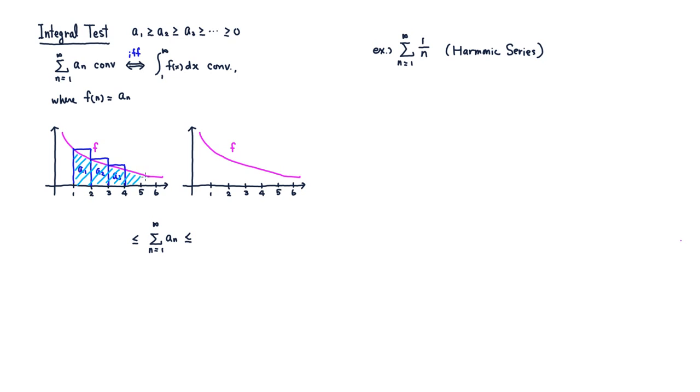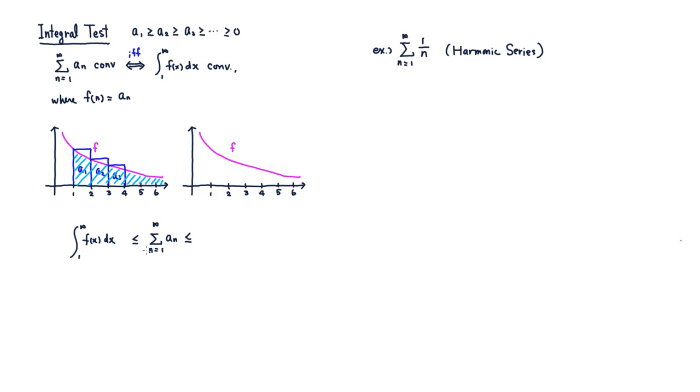You can visually see that the sum of a_1, a_2, a_3 is going to be larger, because you have a little extra here, a little extra here, a little extra here, than the integral. So we know that the integral from 1 to infinity of f(x) dx is less than or equal to the series.